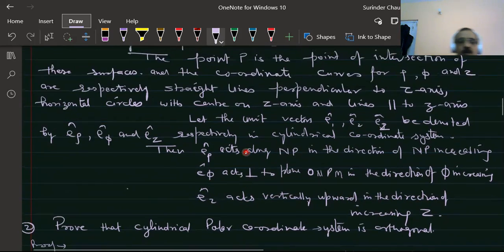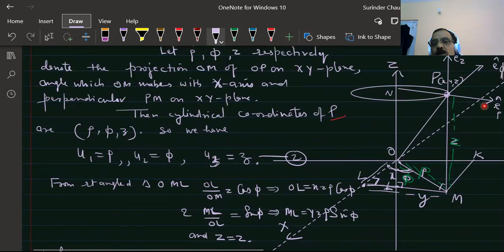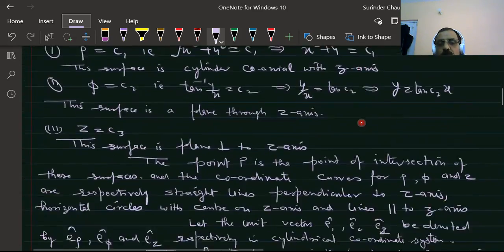So we have three vectors at this point: e rho in this direction, e phi in the direction of increasing phi, and e z in this direction. They form a right handed system at this point.